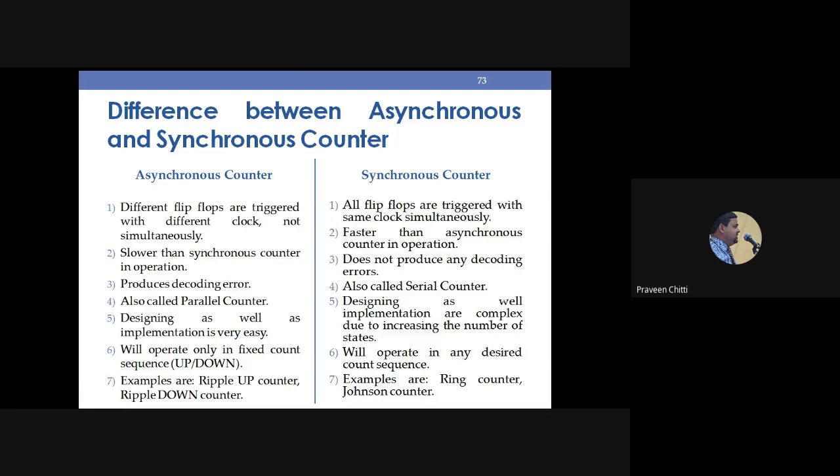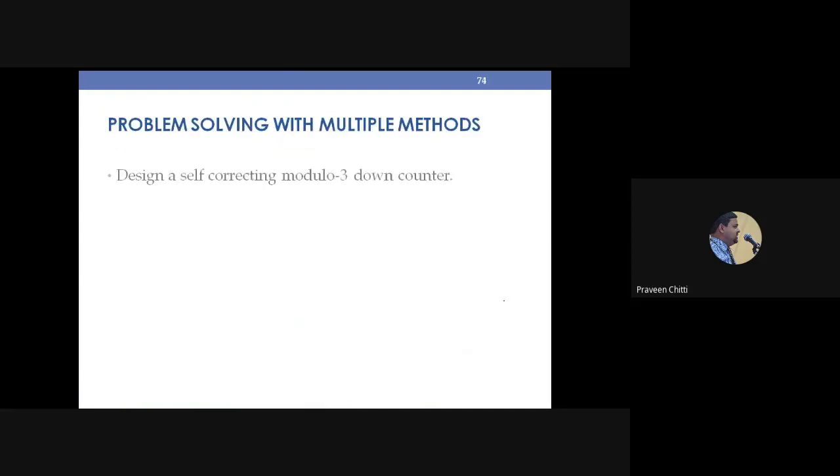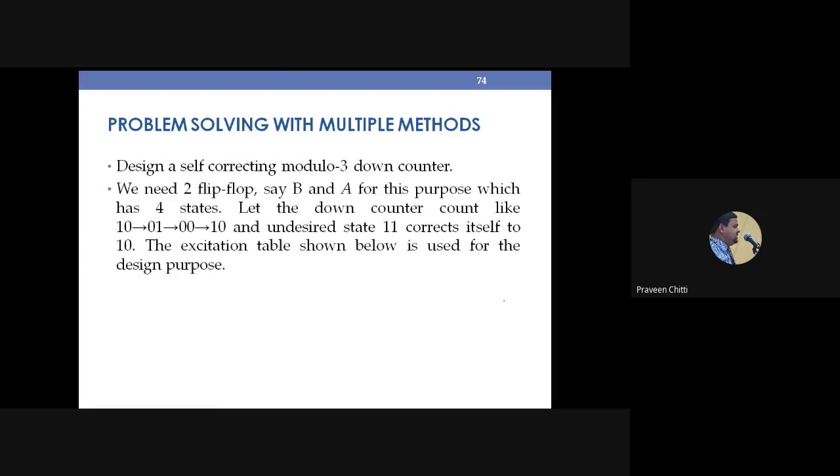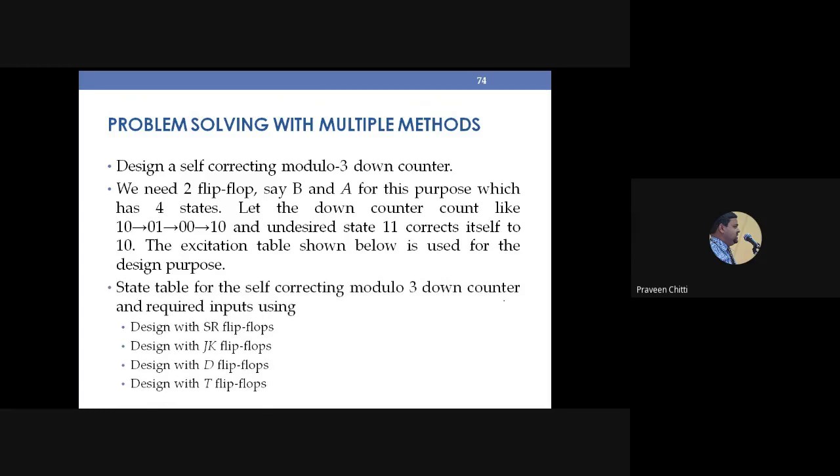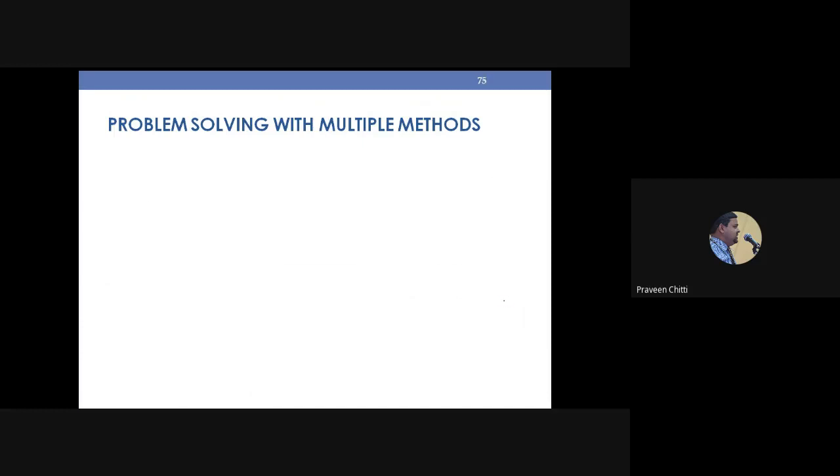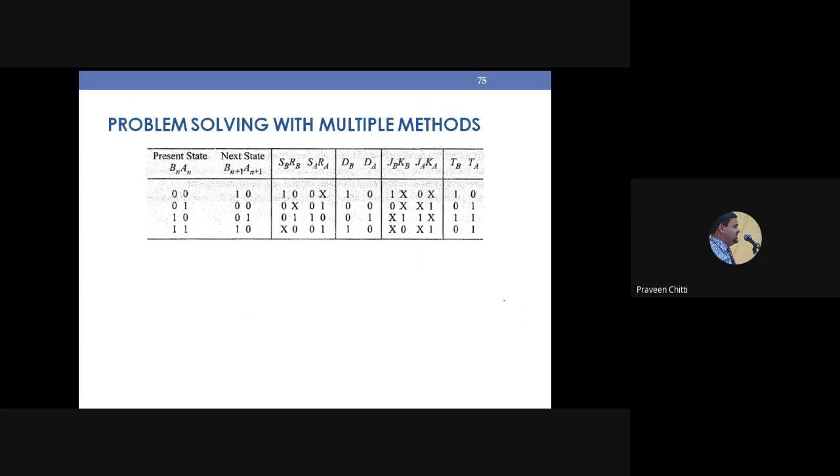Then the problem can be solved by different methods, like the modulo 3 down counter I told you. You can use either SR, JK, T or D flip-flop to do the designing of the counter. These are the different ways.